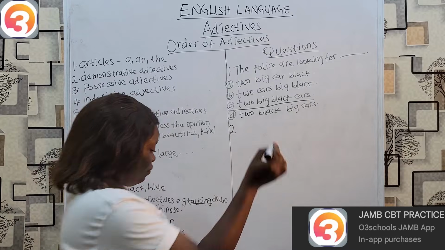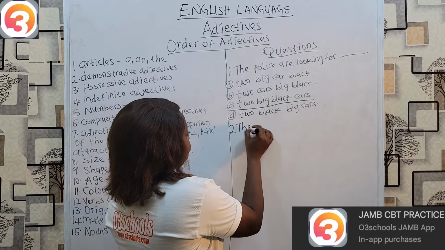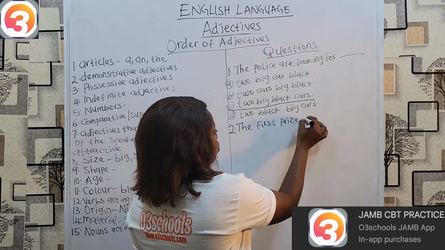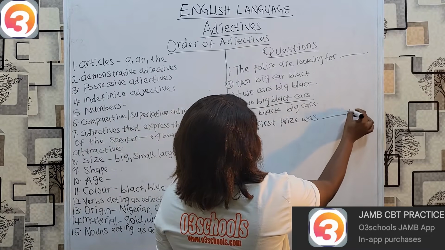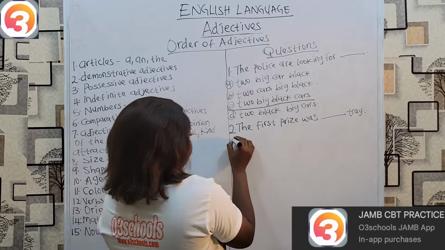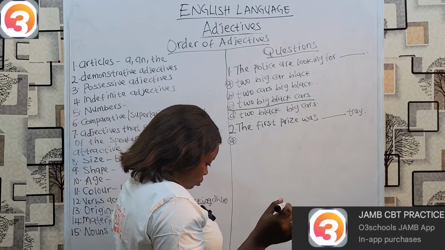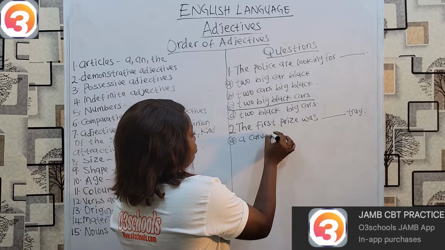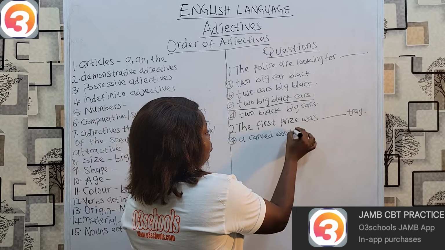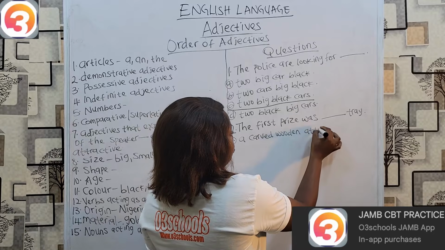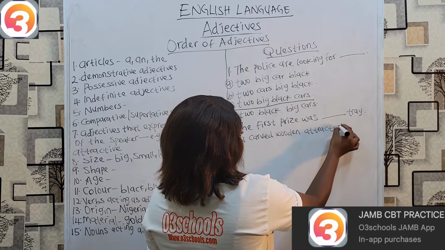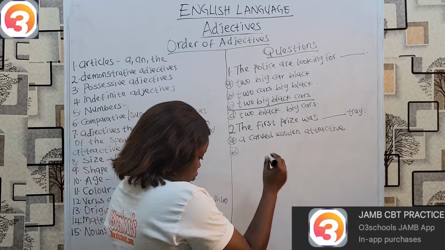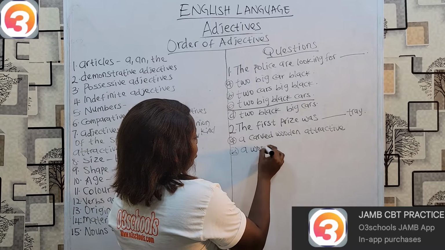Another question we have, the first prize was dash tree. A, carved wooden attractive. B, we have a wooden attractive carved.